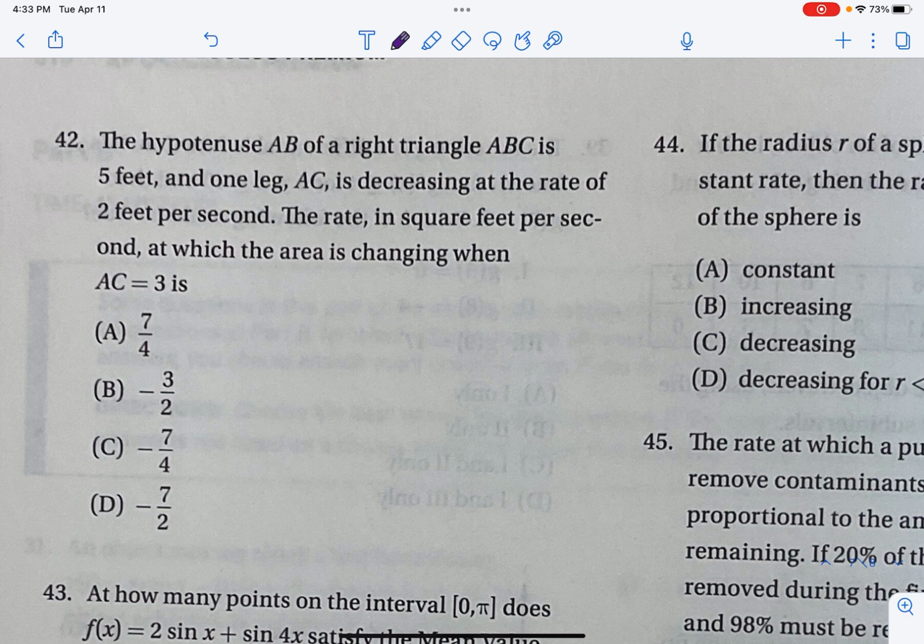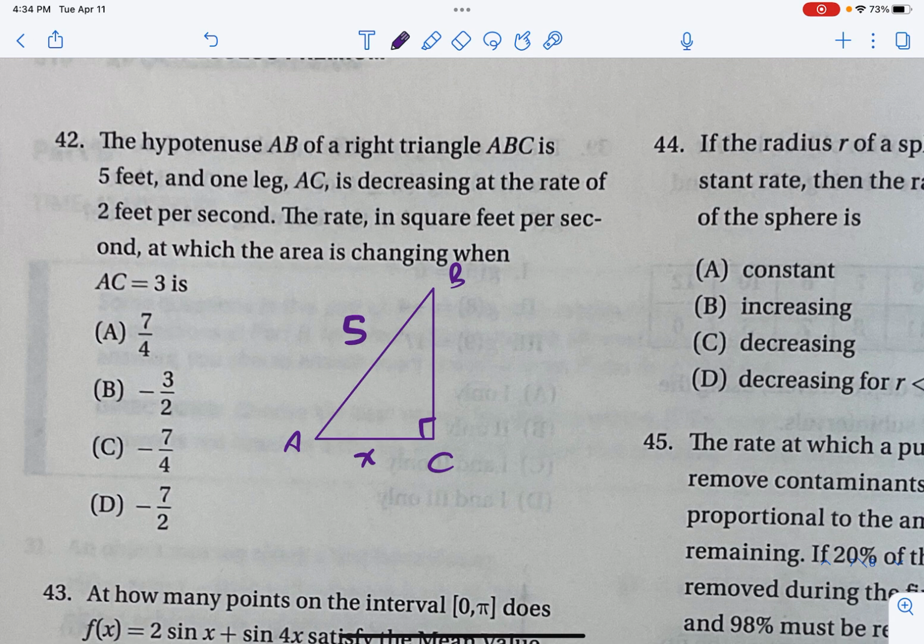Related rates problem. So we have a right triangle. Hypotenuse is AB, and that's 5. Right? That appears to always be 5. And one leg AC is decreasing, I'm just going to call this x, at a rate of 2 feet per second.